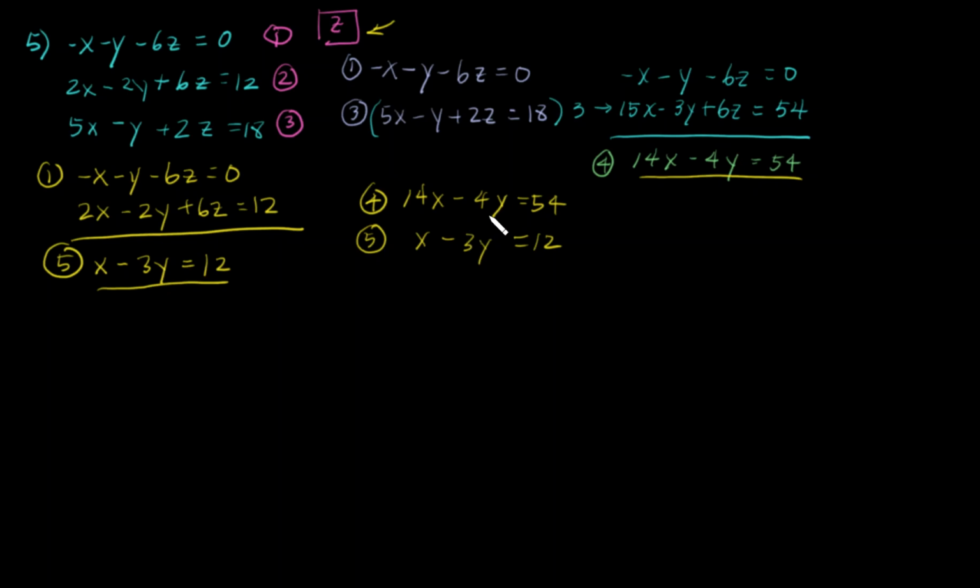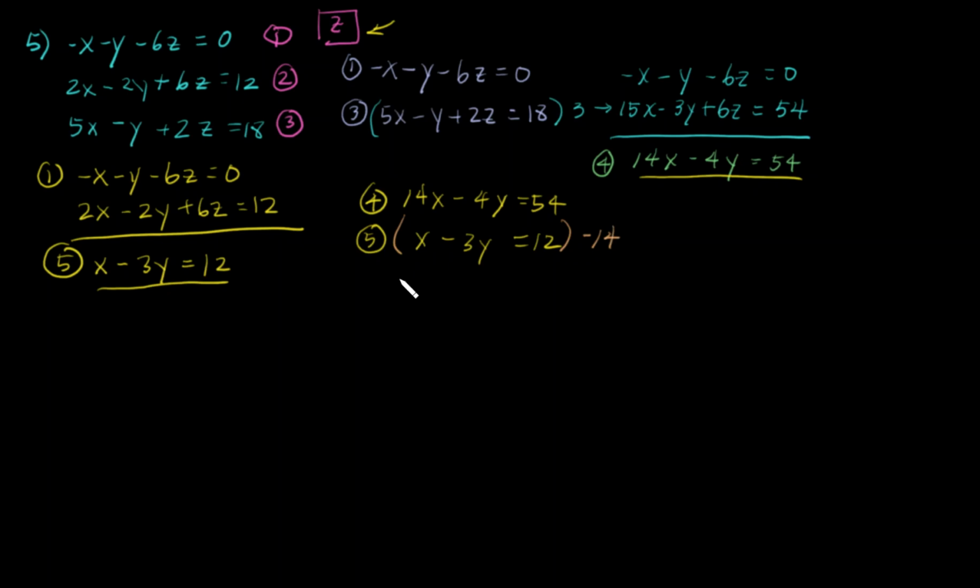So multiply the first equation by -3, and then the second equation by 4. But we have 14x here, and this x is just sitting here by itself with the 1. So what I'm going to do is multiply the fifth equation by -14.